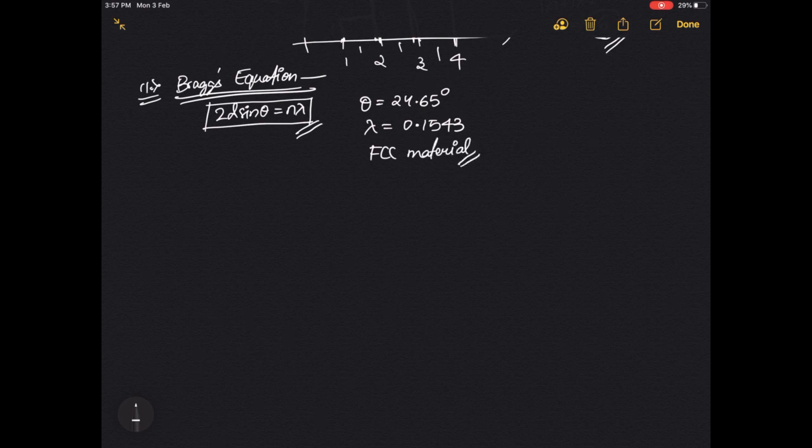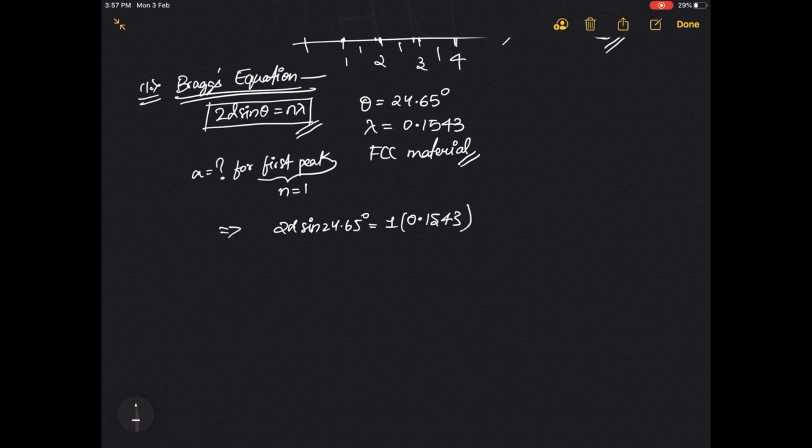And what they asked is to calculate the lattice parameter for the first peak. As it's the first peak, we have n value 1. So on putting all this, we get 2d sine 24.65 degrees equal to 1 into 0.1543. I'm leaving it in nanometer because I'm also calculating d in terms of nanometer.